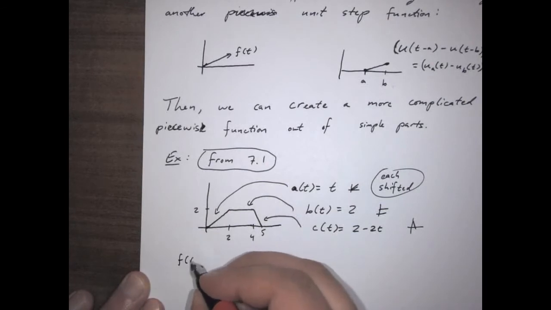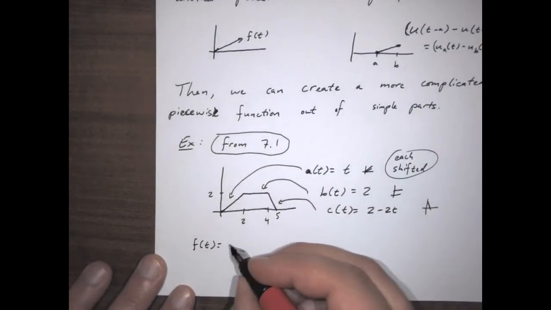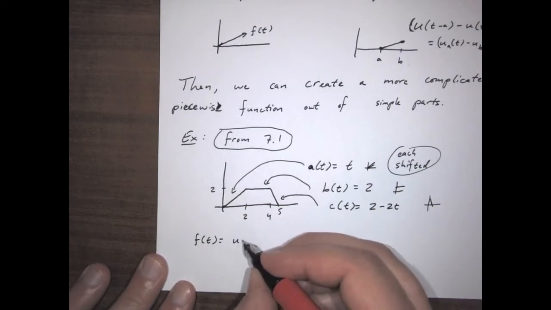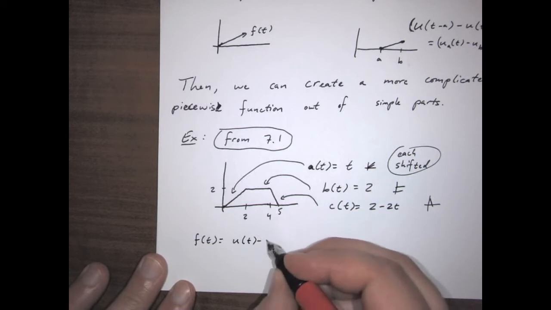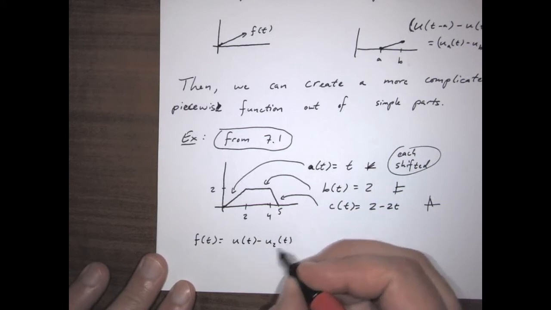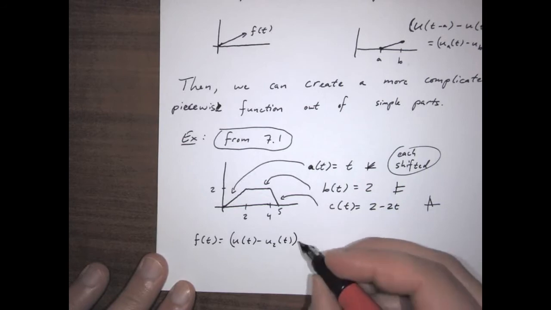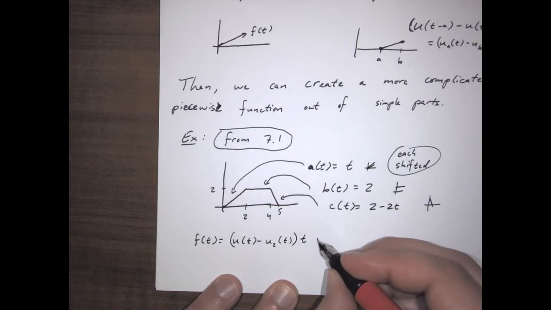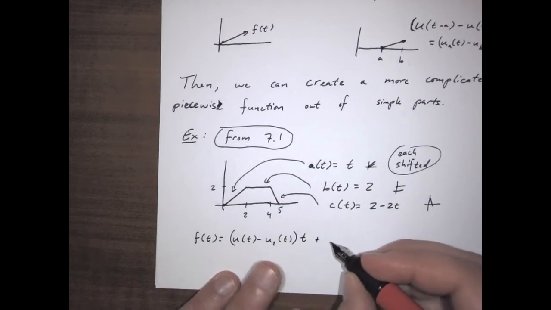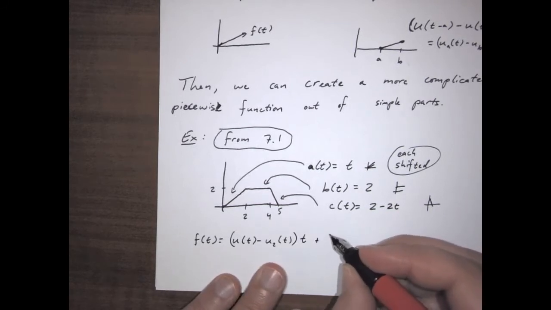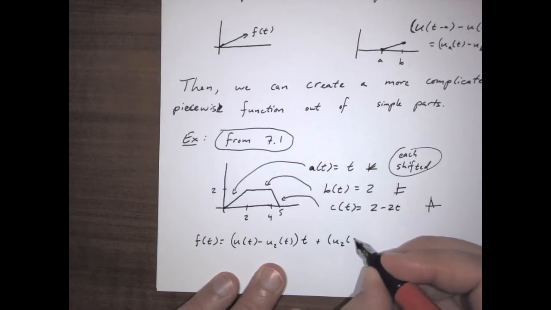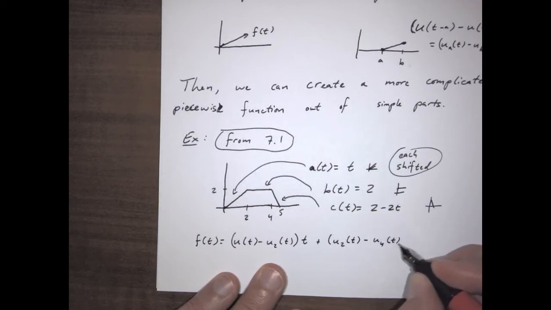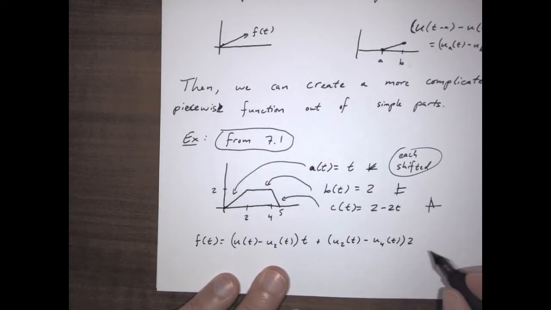Then f of t is going to equal, well, it starts at 0 and goes till 2. So that means we're going to have u of t minus u2 of t times just t. And then the next section, so then it turns off, and then the next section goes from u2 of t to u4 of t, and that's just equal to 2.